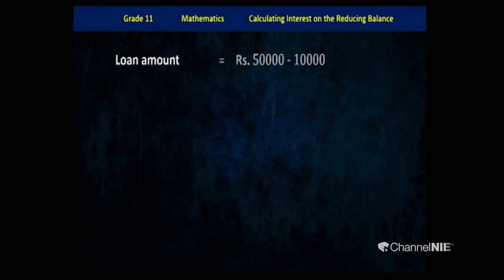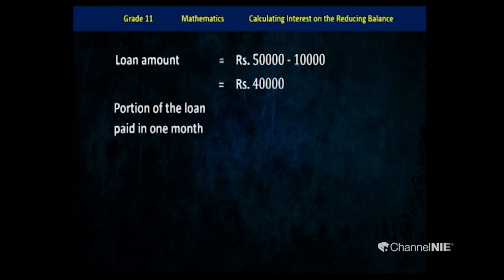Loan amount. Loan amount is 50,000 minus 10,000. Why? Initially, at the time of buying the refrigerator, you pay 10,000. Therefore, it is not considered as the loan. Loan is the remaining part we have to pay. That is 50,000 minus 10,000. Answer is 40,000. The loan is 40,000.